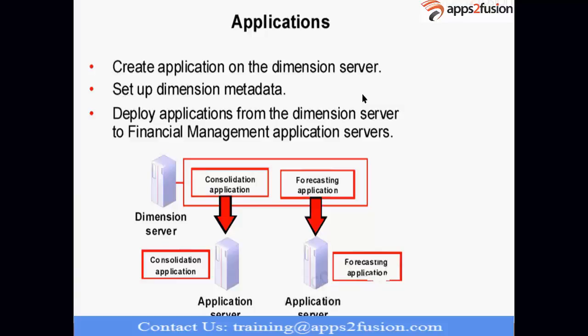After you deploy an application, if you change any of the application members, it will not be impacting. Suppose you are changing a member property, that change you need to do in your dimension library, not in your application library.